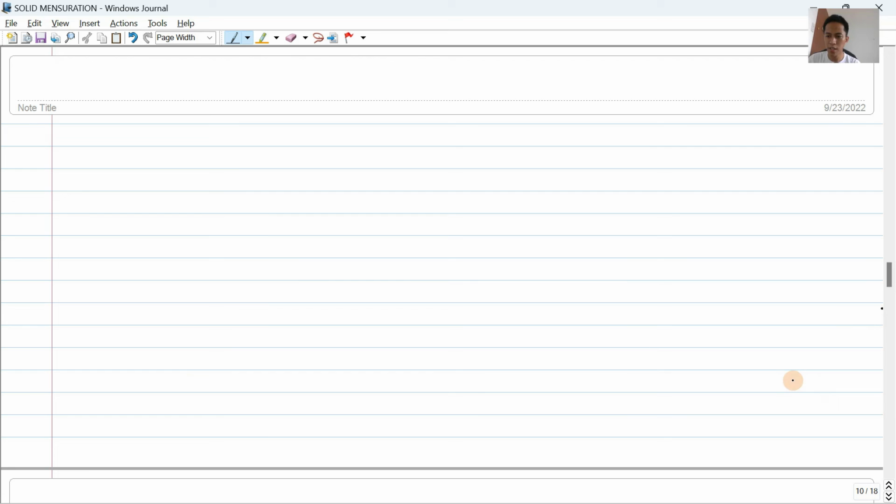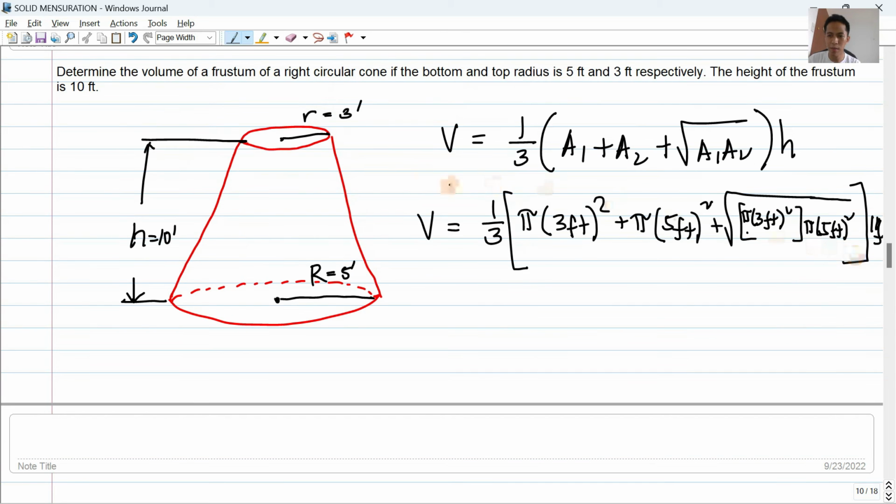Okay, multiply lang natin sa height na 10 feet, di nagkasya. So dito may nakamultiply yan na 10, times 10. Okay, evaluate lang natin yan using our calculator. So we can actually get the final answer for this problem.